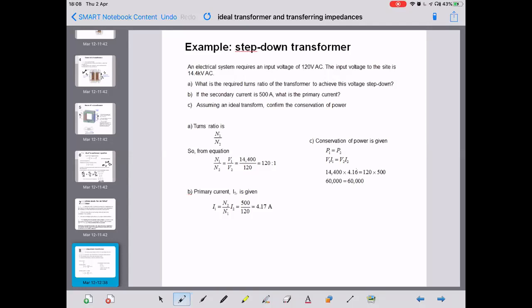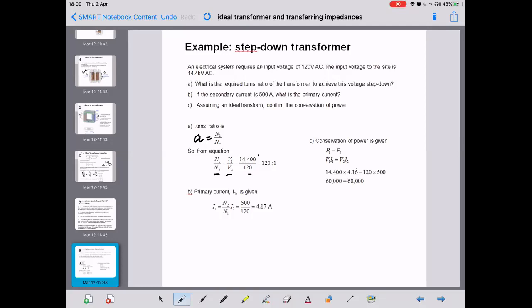So first of all, the turns ratio, and later on we're going to be calling the turns ratio I. We can express it either as N1 over N2, or as a ratio I. From this equation, we know that N1 over N2 has got to equal V1 over V2. V1 is 14,400 and V2 is 120.